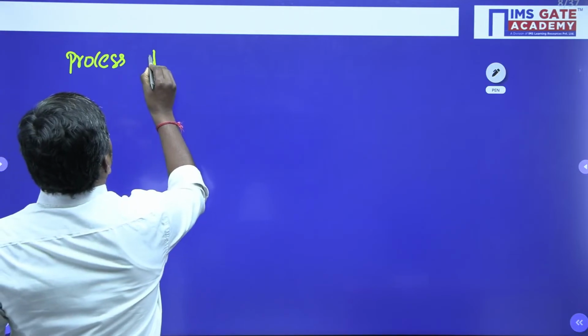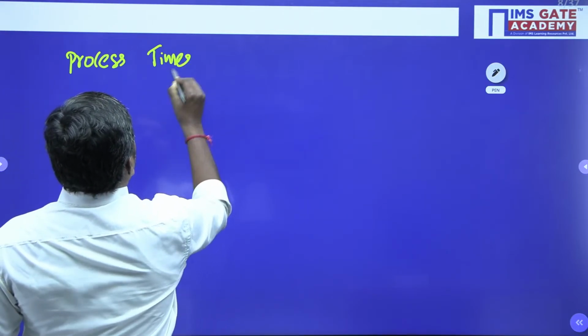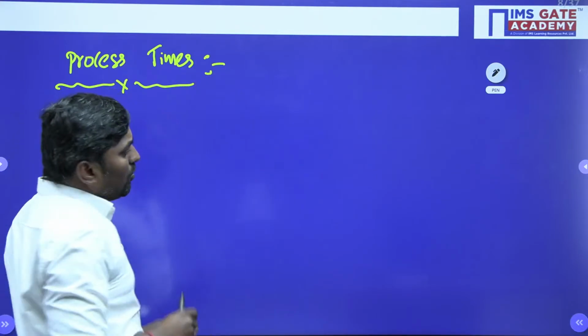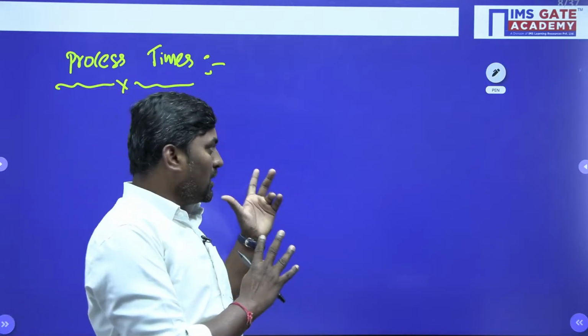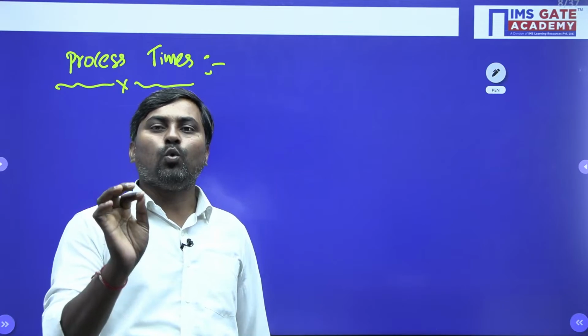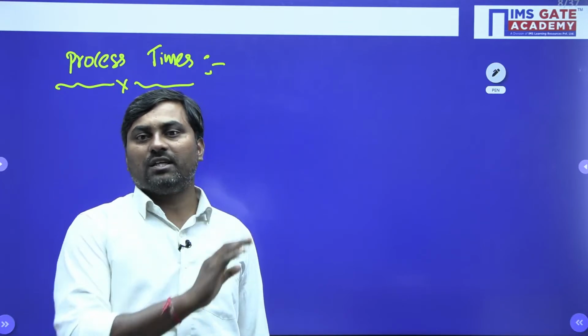Let us become familiar with these process times. For the next one or two slides, understand whatever process times I discuss. If you understand this, problem solving becomes very easy.